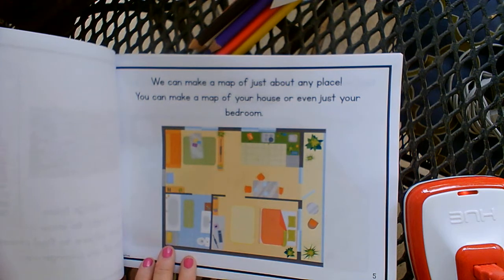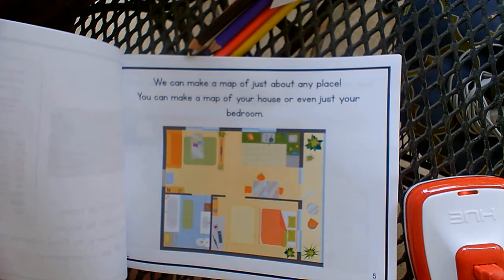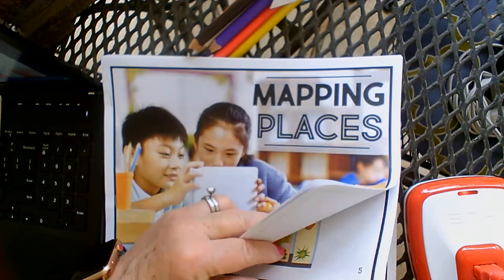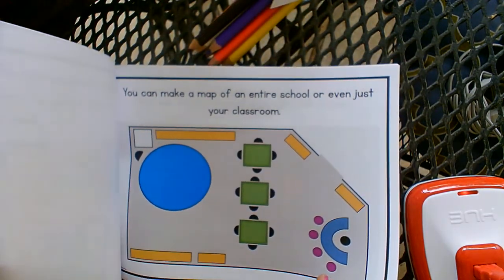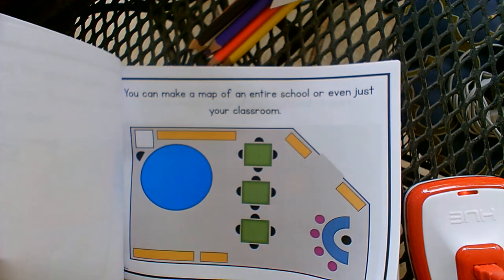We can make a map of just about any place. You can make a map of your house or even just your bedroom. That would be a fun activity. You can make a map of an entire school or even just your classroom.